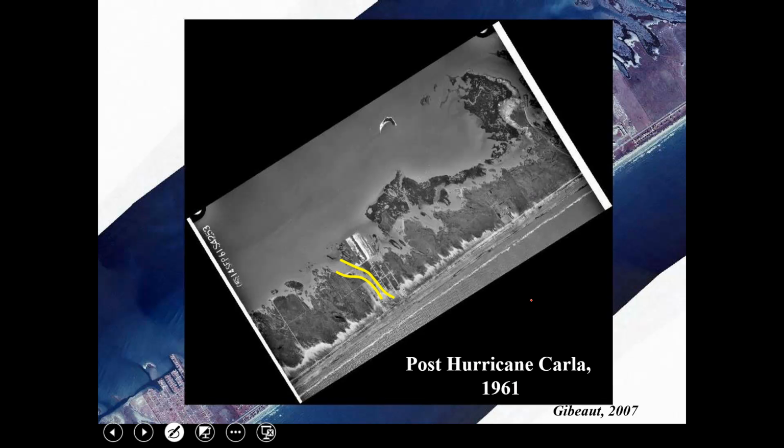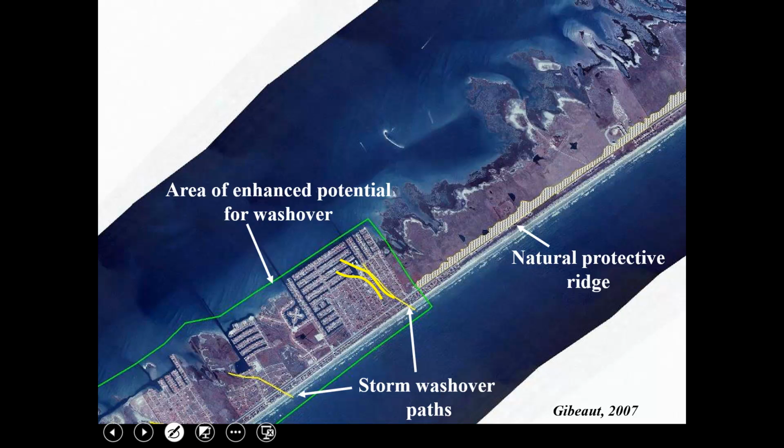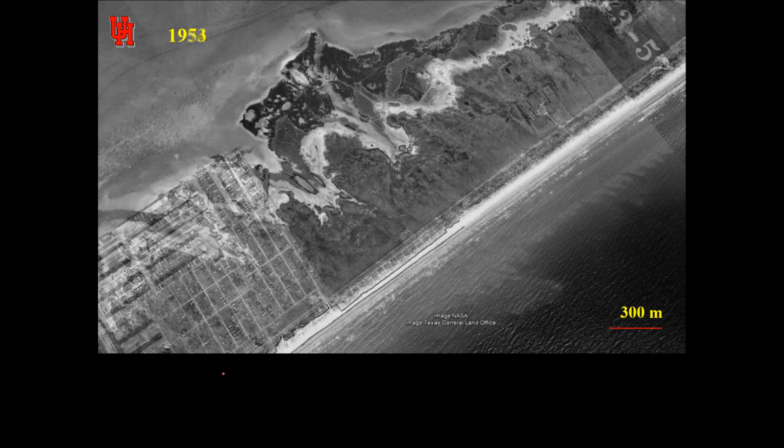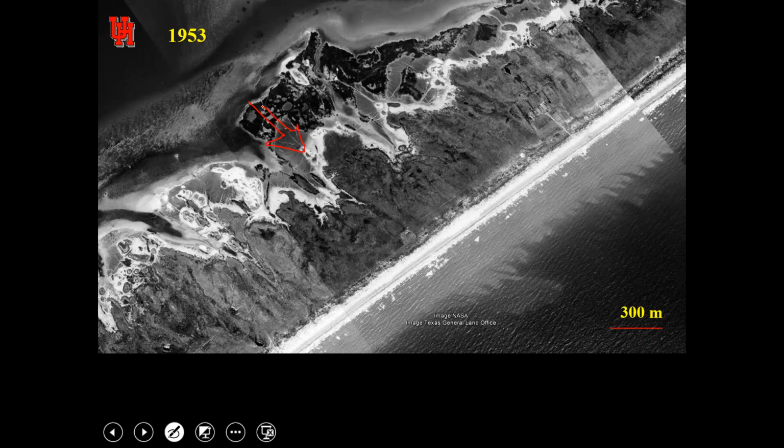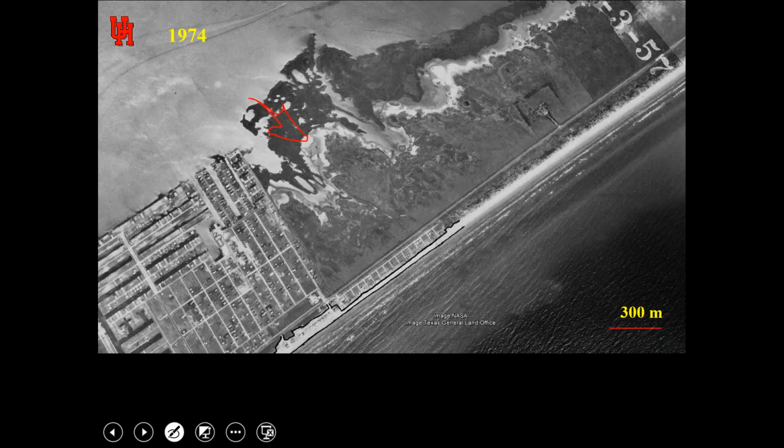Here's a case post-Hurricane Carla. The island was breached in several areas. Well, look at where we are today. We built in those storm washover paths, and we've even created new ones. This is 53. Notice, first of all, the landward movement here and here.